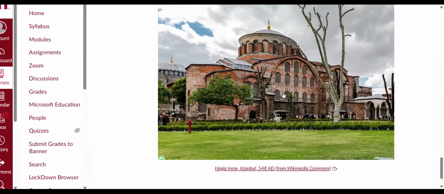This is called the Irene, or Irene. The Hagia Sophia is the Holy Wisdom. Irene, I can't remember what that word is. I'm sure it means something biblical or religious. Oh, it's the holy peace is what it means.